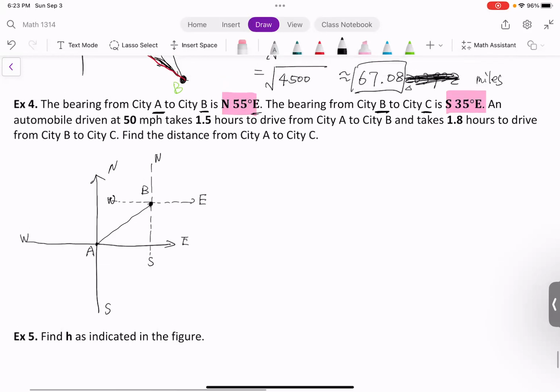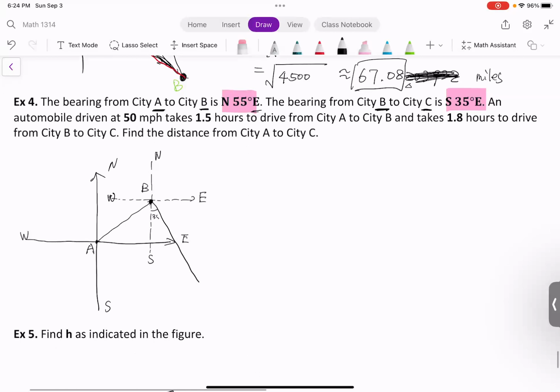So going to the south, and then it's on the east side, 35 degrees. And before I forgot to mark, this is 55 degrees. All right, this is city C, for example, it's here.